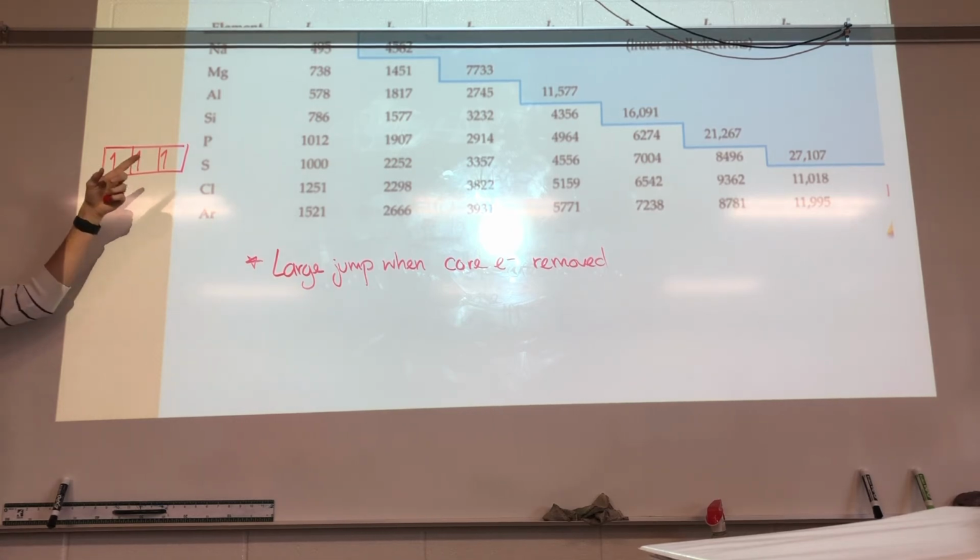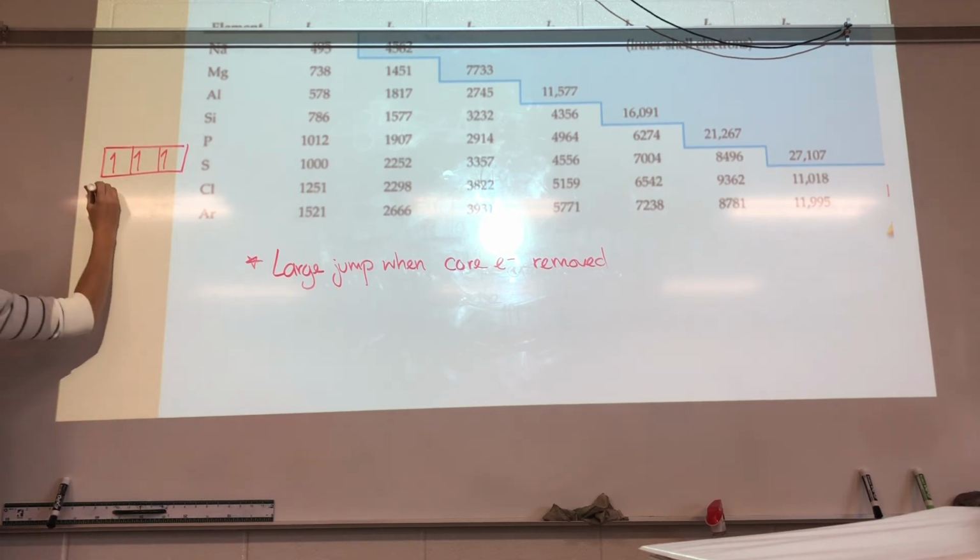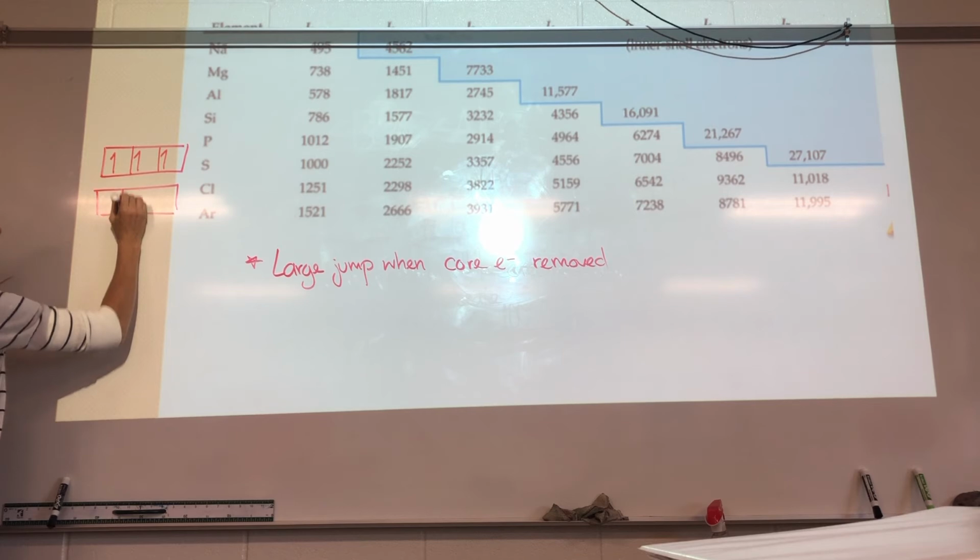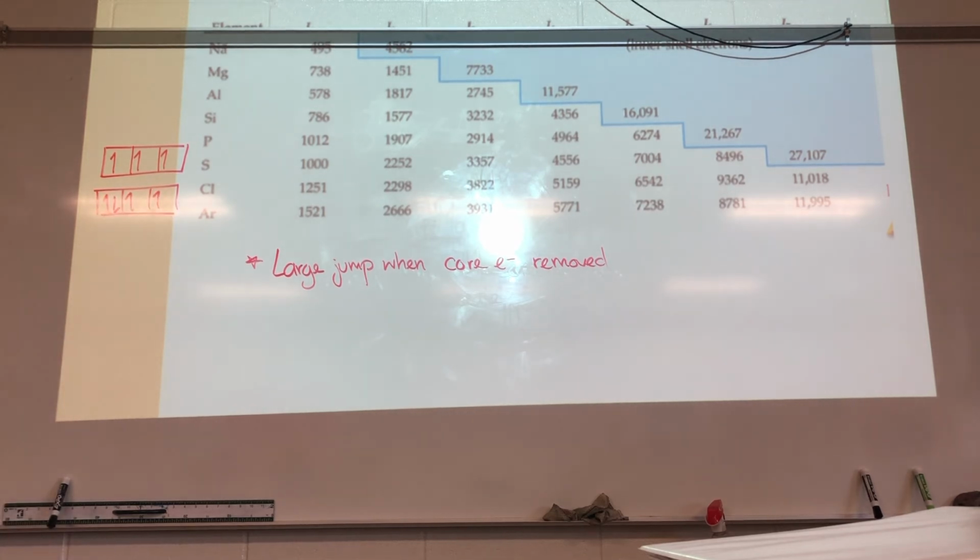Half full, which is a form of stability. Versus sulfur: what happens with sulfur if it gets one away? It becomes half full. So it costs less to remove this, because the end result is a little bit more stable. That's the idea of energy cost. The more stable something becomes, the less you have to pay to make it happen.